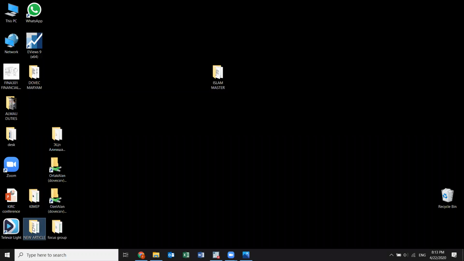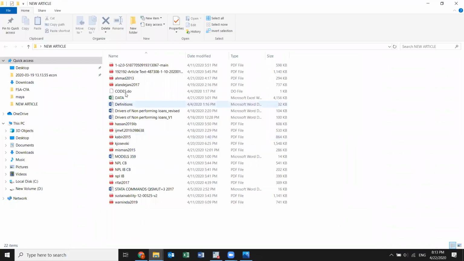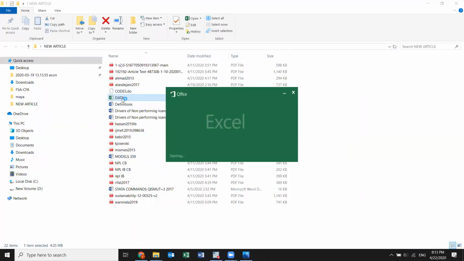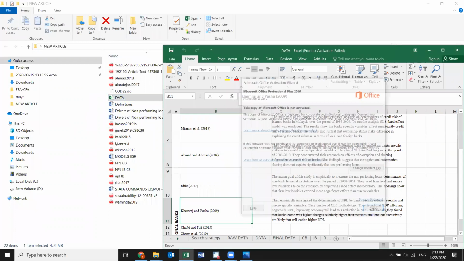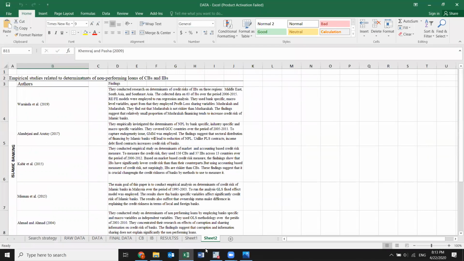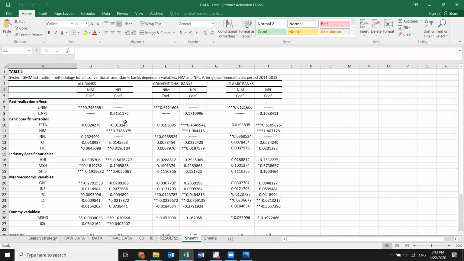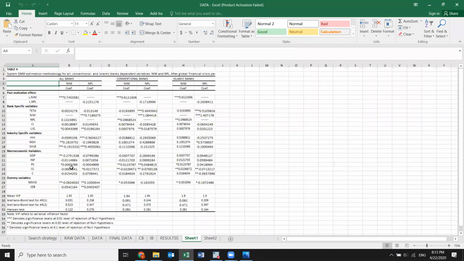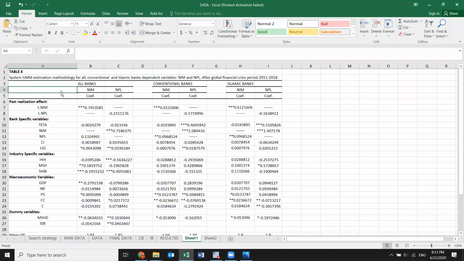For example, data. This is now here. Can you see? I'm using just coefficients.